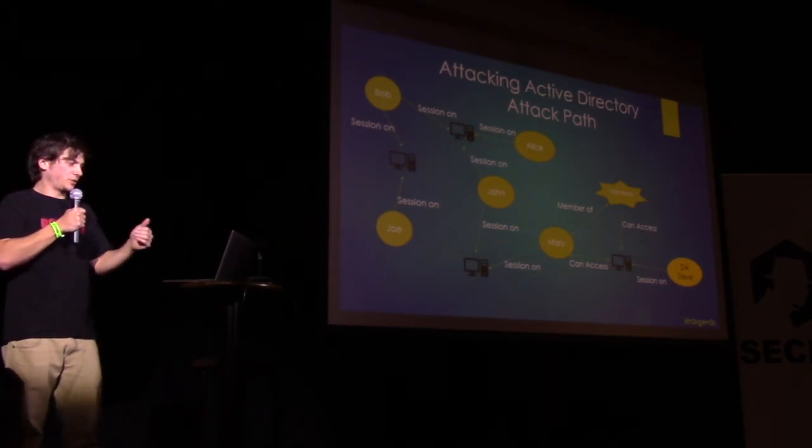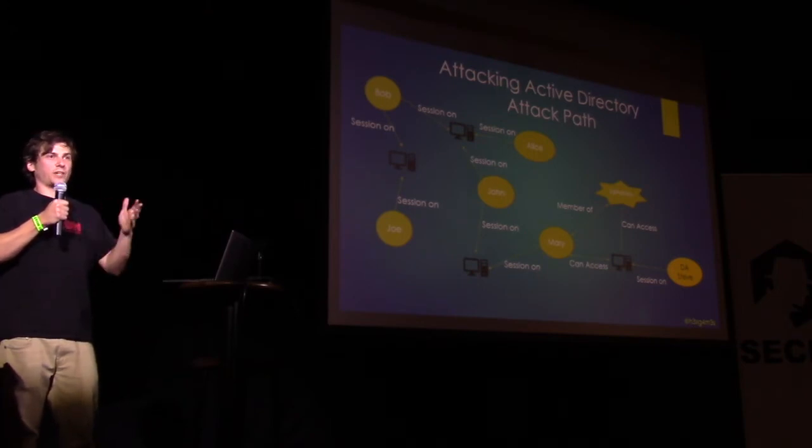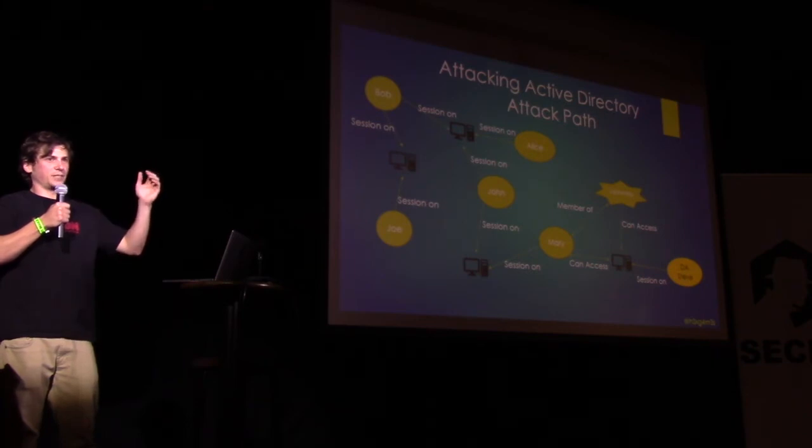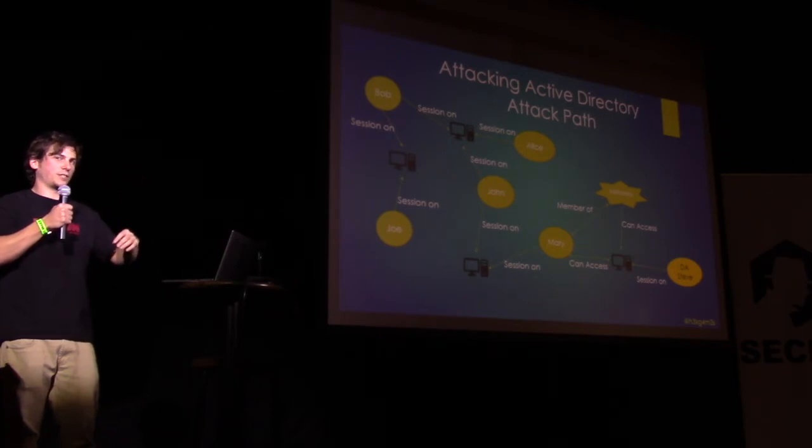This used to be for attackers a very manual process. You'd have to just keep on spreading, and you'd have 50 shells up inside Empire or Metasploit, and for each one you have to enumerate all the sessions that are active on the boxes and see if you can impersonate their tokens and then spread out.